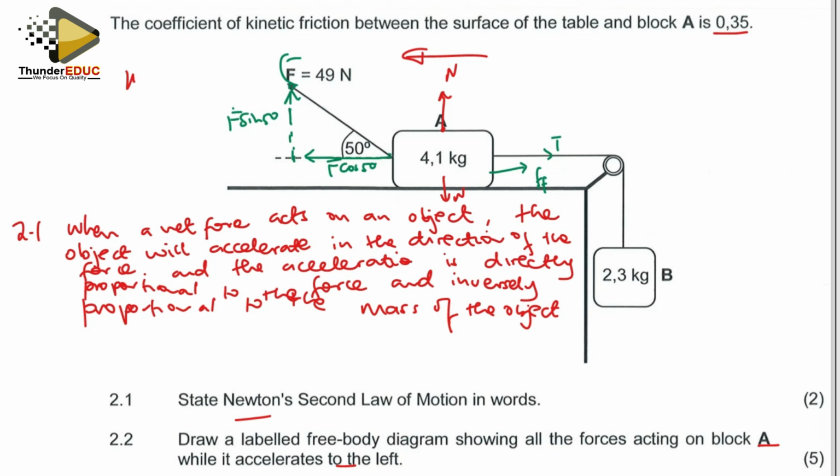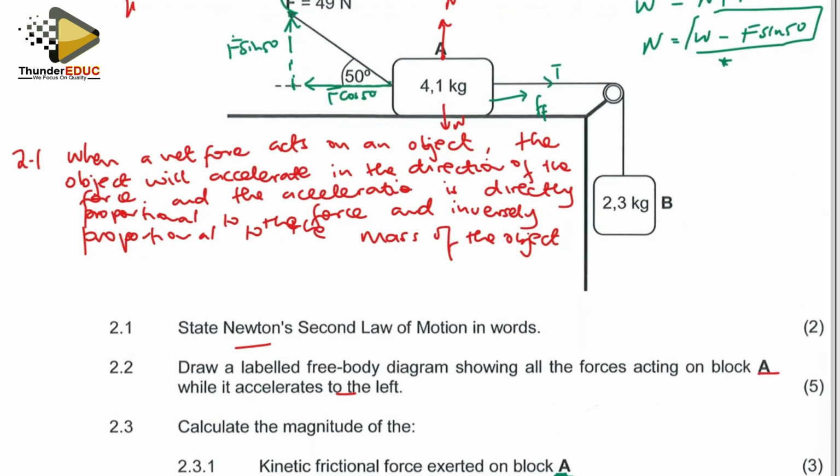Okay. Then I know that for the upward motion, the weight is equal to the normal force plus the F sine of 50. You know the F is 49. But now we want the normal reaction. Normal reaction is going to be the weight minus the F sine of 50. Okay, so we need to highlight this first.